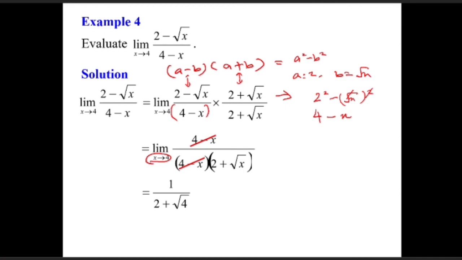Remember, when you have cancelled off the numerator and there's nothing left, it just means it's 1, because 4 minus x is multiplied with 1. So after you cancel off 4 minus x, what's left is just 1. And it's over 2 plus surd x, but you substitute your value of 4 inside. And your answer is 1 over 4. Thank you for watching.